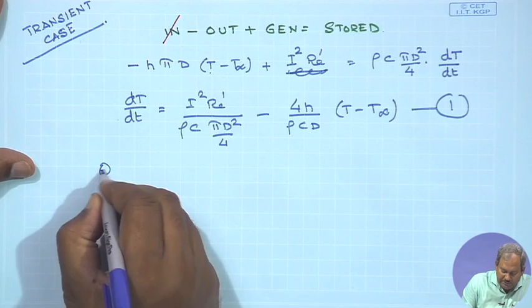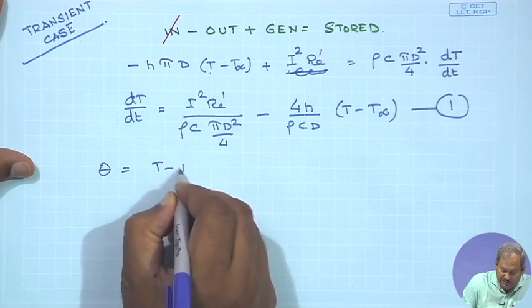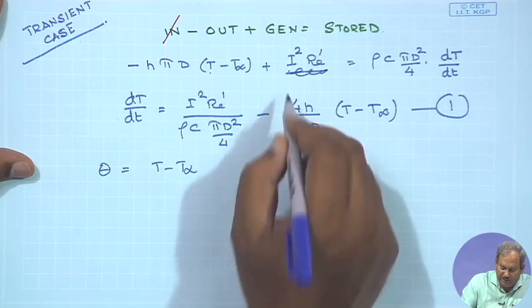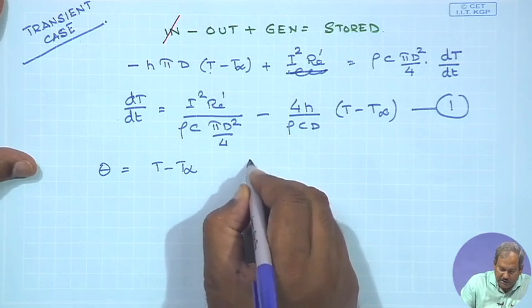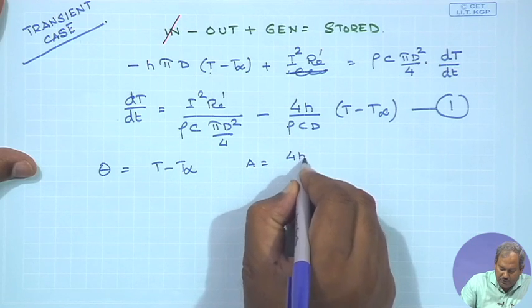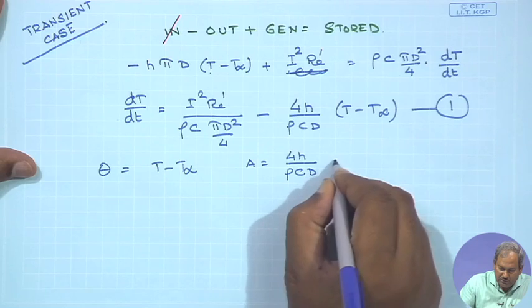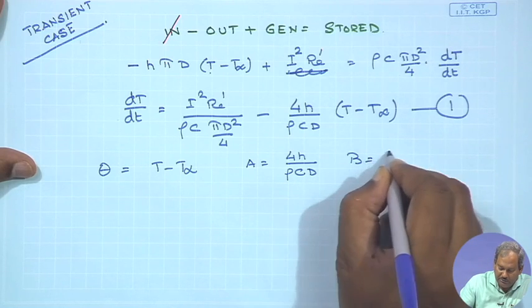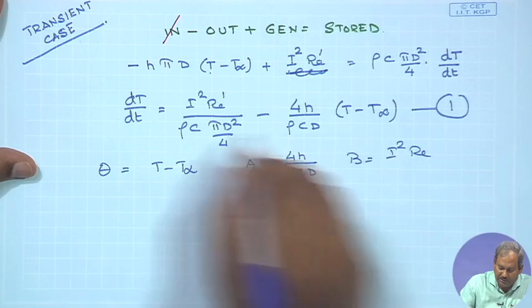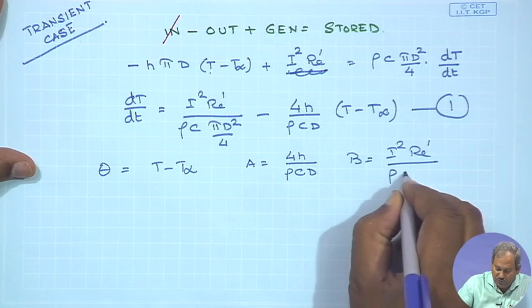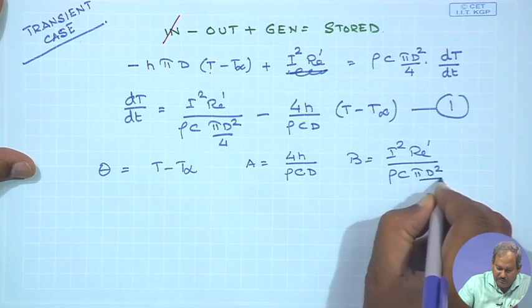So, I define theta equals T minus T infinity, and all these big expressions are put into the form of new constants a and b, where b is R e prime by rho c pi d square by 4.